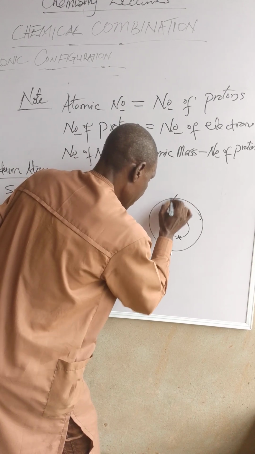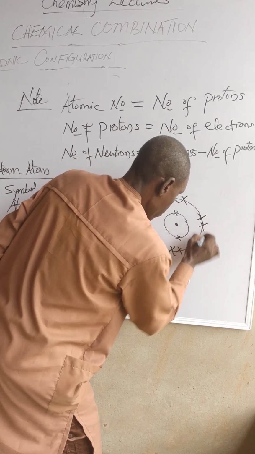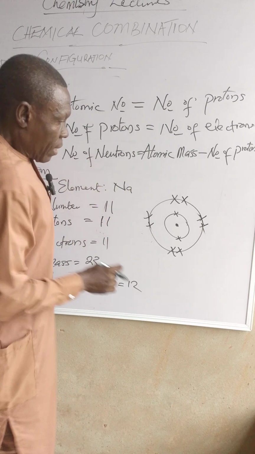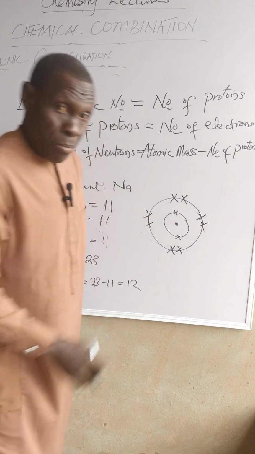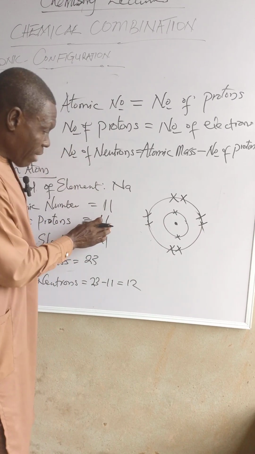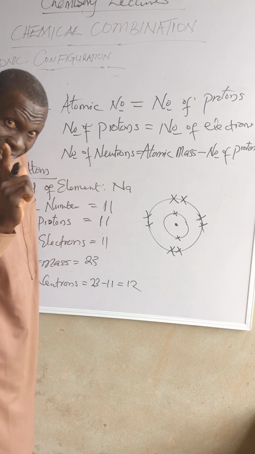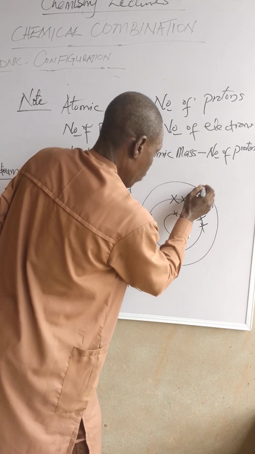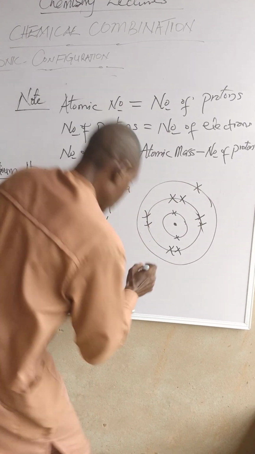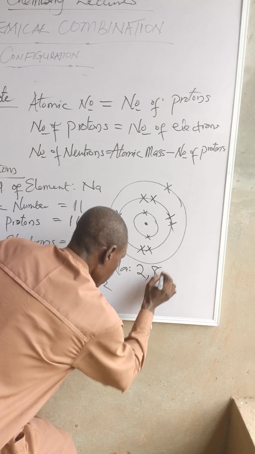So 8. Now this 8 plus 2 is 10. Why? Because you have maximum of 11. So if you take away 10 from 11, you have 1 left. So the third shell will have only 1 electron. So sodium is now 2, 8, 1.